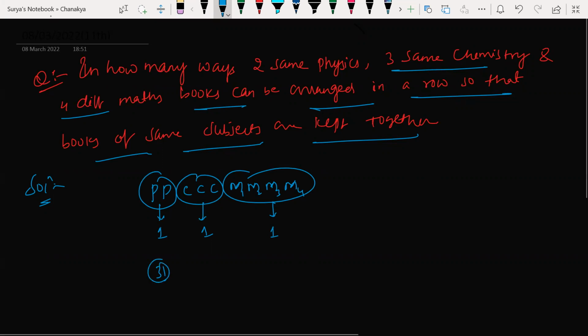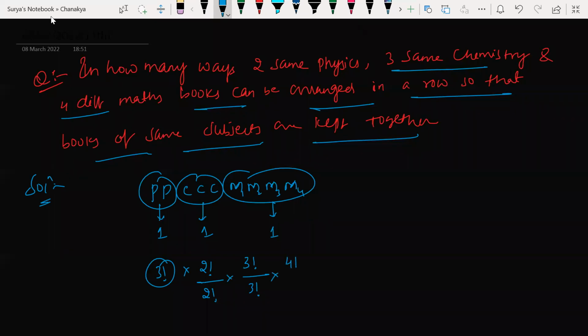So 3 factorial, into the 2 physics books, which can be arranged in 2 ways, divided by 2 factorial since the physics books are repeating, into the 3 chemistry books, 3 factorial divided by 3 factorial for 3 alike objects, into 4 different math books, 4 factorial.